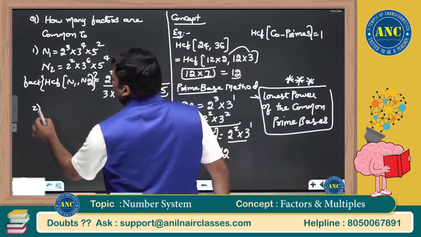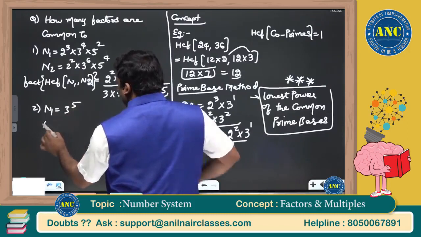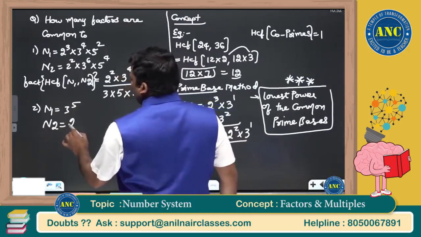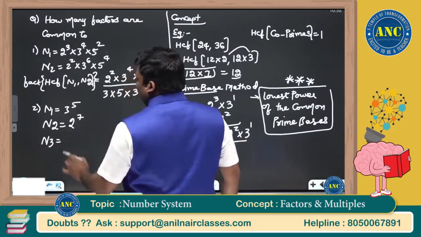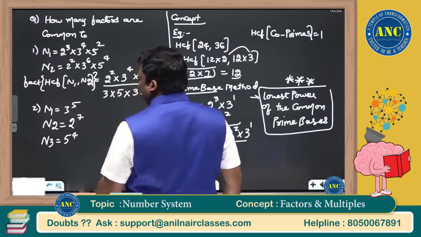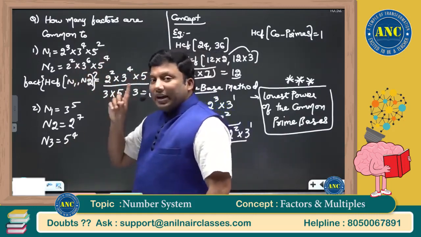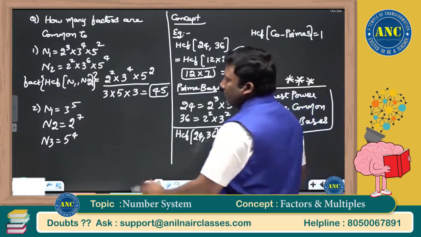The question can be n1 equivalent to 3 power 5, n2 equivalent to 2 power 7, n3 equivalent to 5 power 4. Please remember, if I am taking a single prime base, that should be present in all three numbers.